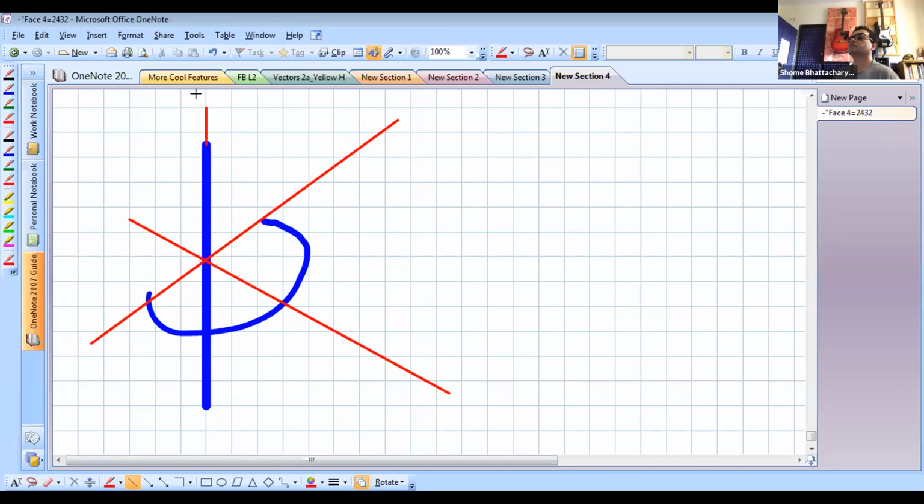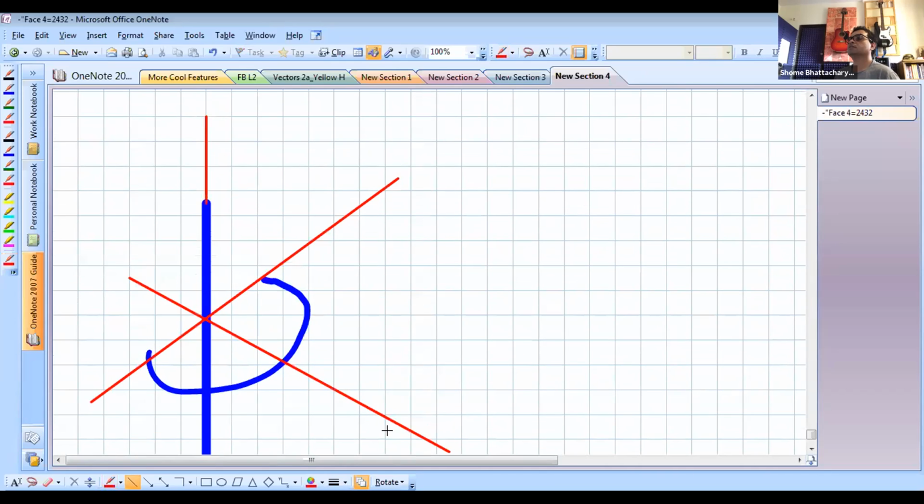This is my system of axes: this is my XY plane, this is my Z axis, and the line is going all the way to infinity, with charge density lambda.